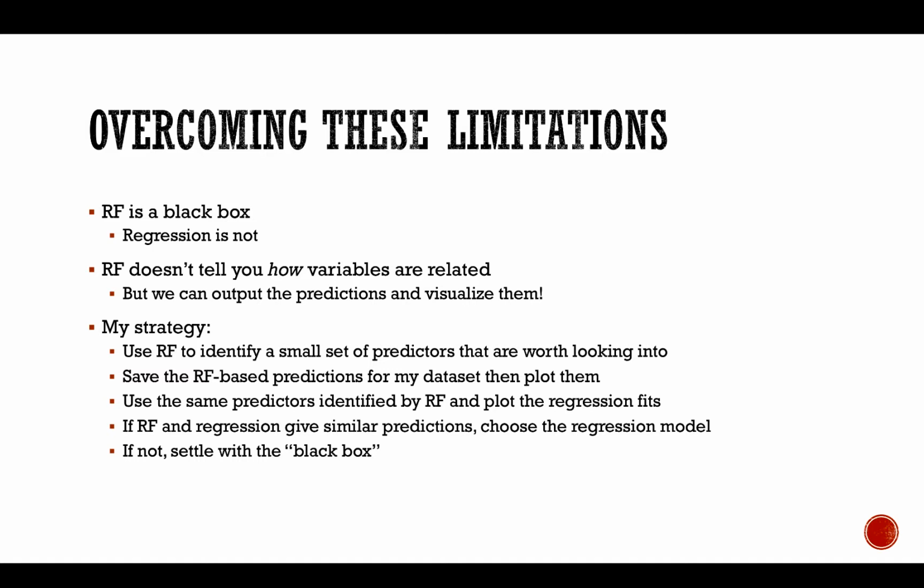So if random forest and regression give similar predictions, then shoot, I'm going to choose a regression model. If not, then I settle with the black box. Well, actually, you don't have to settle with a black box. One thing you could do is look at the fit of the random forest and say, well, that function looks like it might be a polynomial, so I can use polynomial regression.